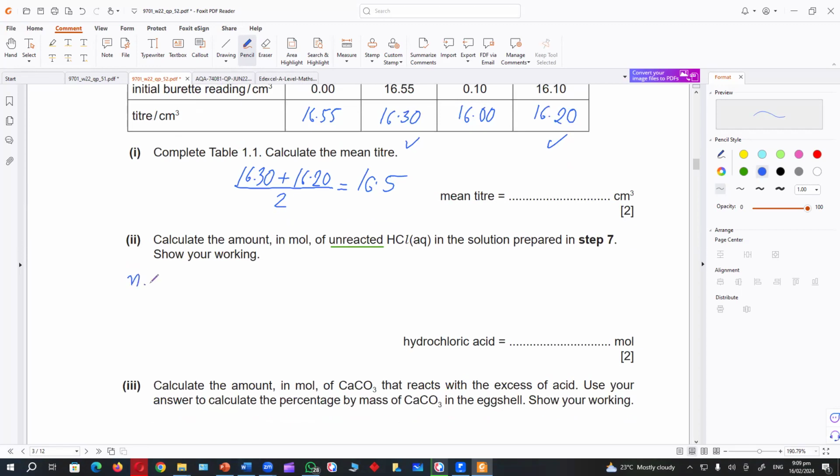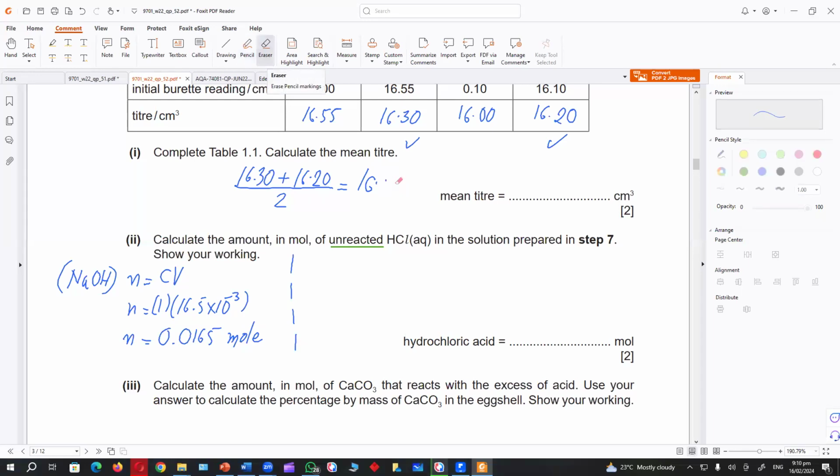So we just use n = CV. So find the number of moles. It will be 0.01625. Yeah, it's 16.25. Oh, the average is not 16.5. No, no.